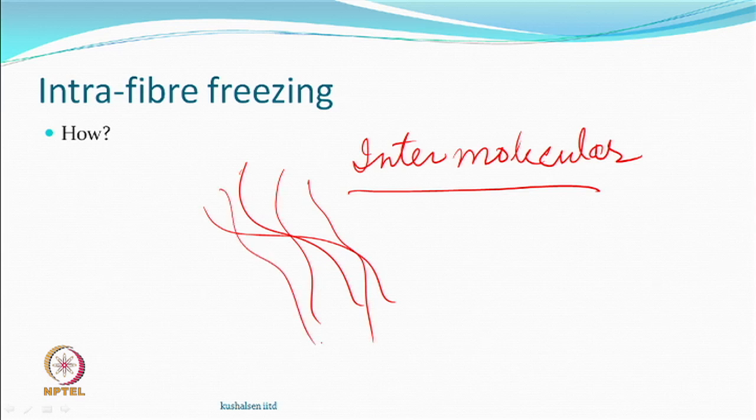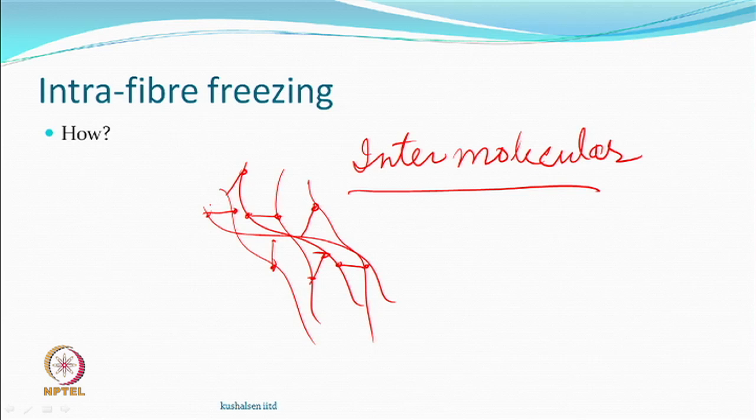So, if I put a chemical cross-linking by a covalent bond, another molecule which goes and reacts like this and makes bonds of this type, with the functional groups that are there.